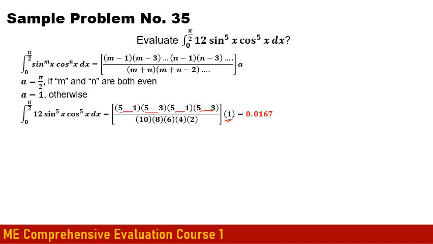And for the denominator, we will have the sum of 5 plus 5, which is 10, and we decrease it by 2 until the last term becomes 2. So 10, 8, 6, 4, 2. So that's why we have 0.0167 here. You can also see that the last term here is 2. So 5 minus 3 is 2. Same also here, it's 2.